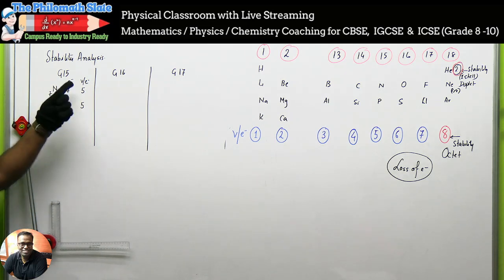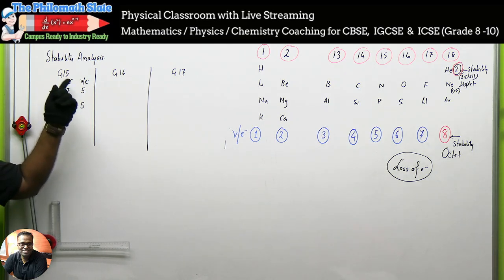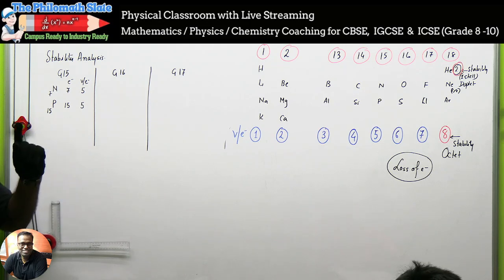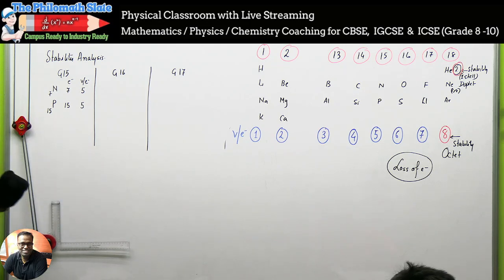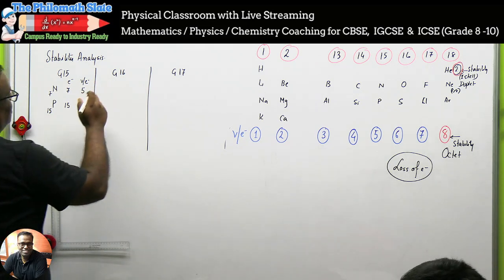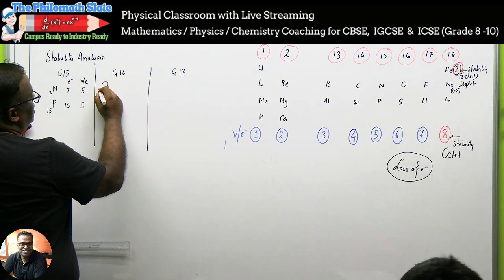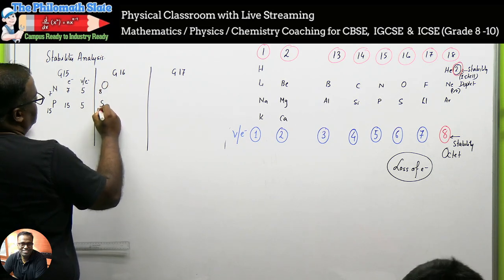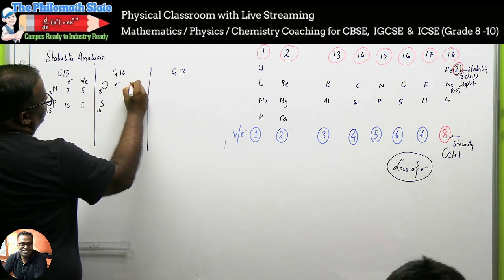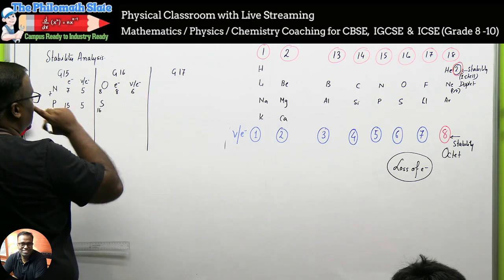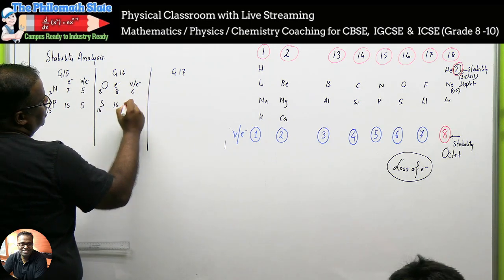Group 15 means the valence electron is always 5. Group 16. Oxygen, sulfur. Oxygen is 8, sulfur is 16. So electrons are 8, valence electrons are 6. Electrons are 16, valence electrons are 6.